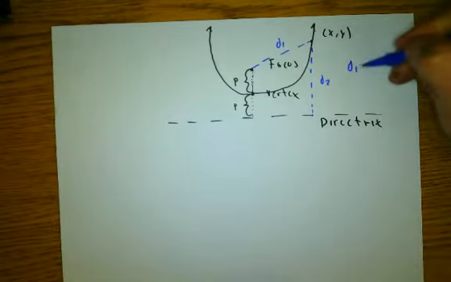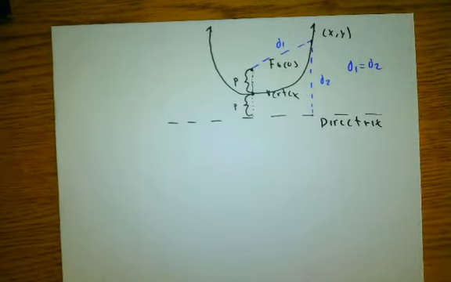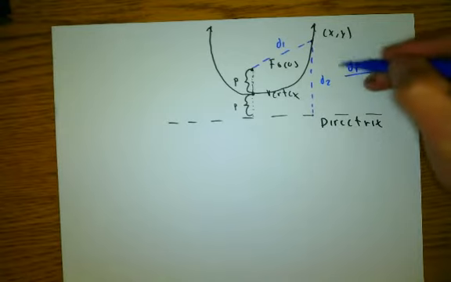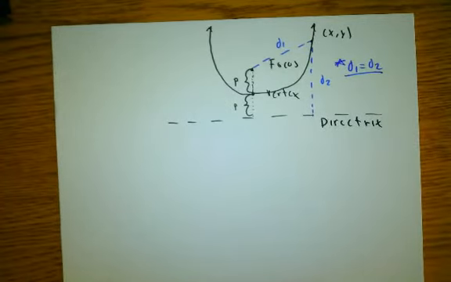I obviously did not draw this to scale. It looks like D2 is longer than D1, but with the definition, they should be equal to each other. Now, when we come back from lunch, because I'm not going to be able to finish this before we go to lunch, we are going to use this right here to come up with a formula that will work for any parabola. Cool?